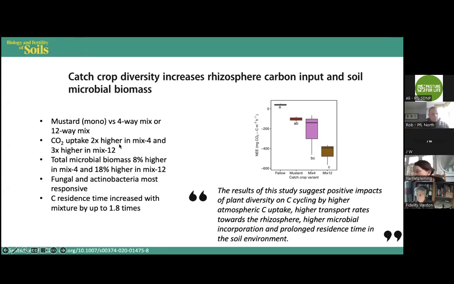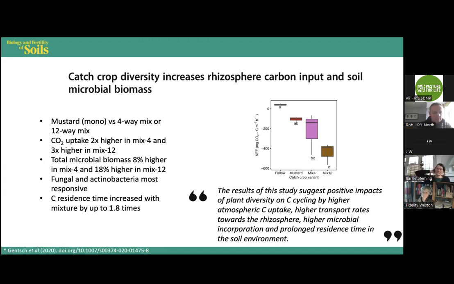And I just want to cut to the chase here on this one. It's a lab study where they did this in a growth chamber, where they measured the CO2 depletion from the mono to the 4 to the 12-way mix. And they show here that the CO2 uptake in the 4-way mix was 2 times higher, and 3 times higher CO2 uptake in the 12-way mix.